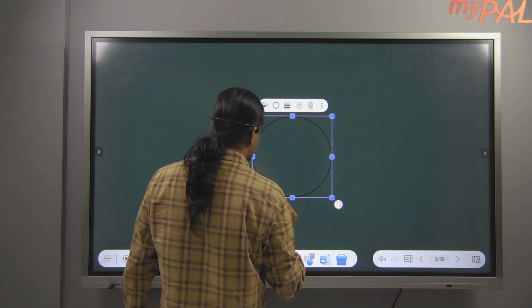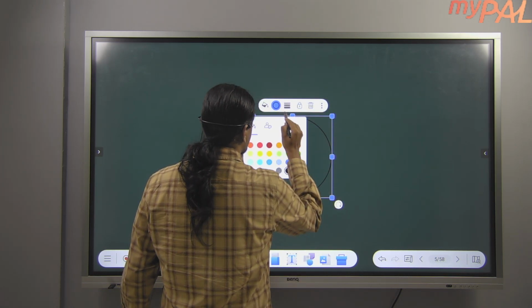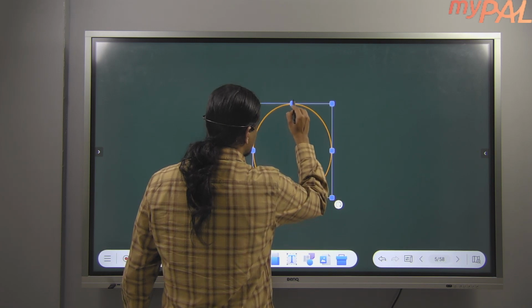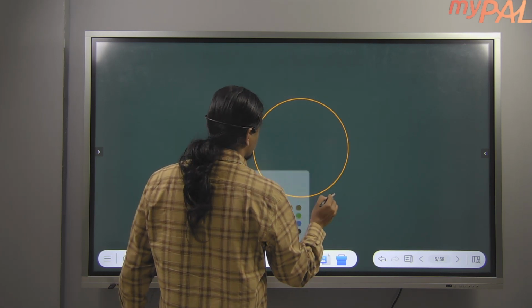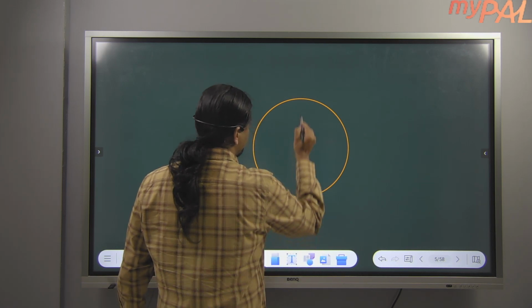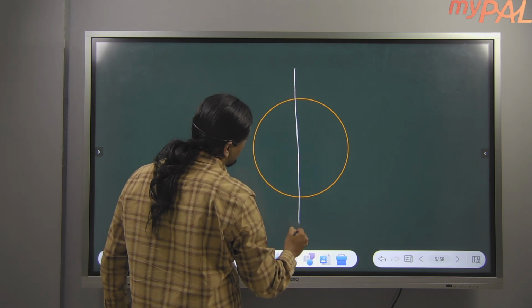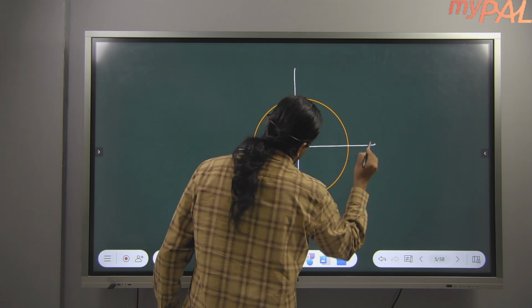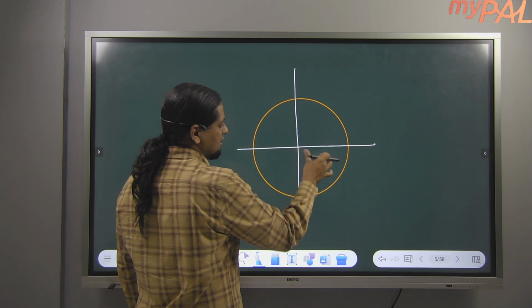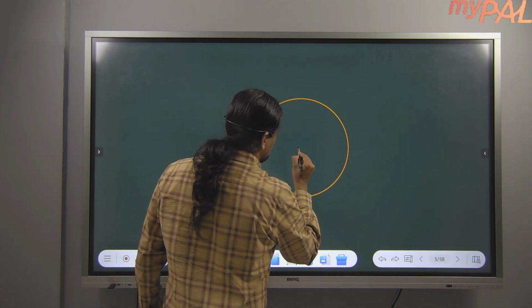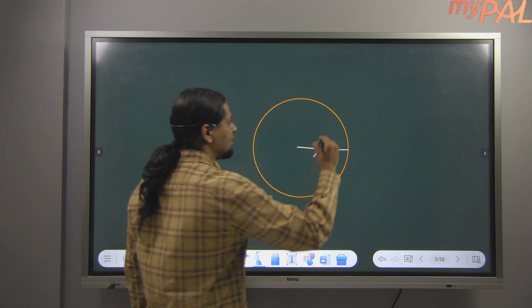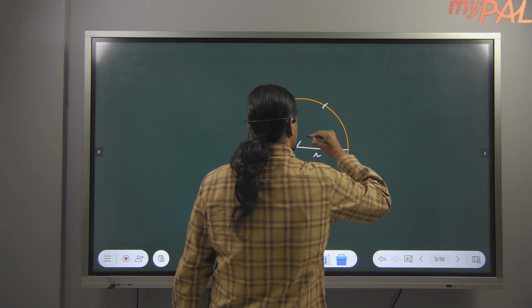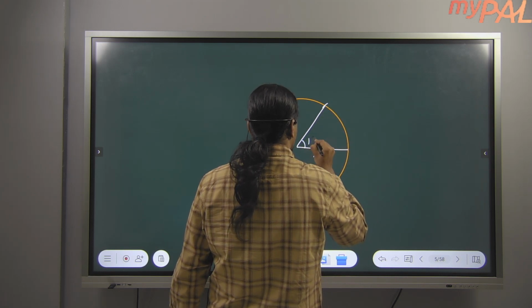In this circle, I will mark how much 1 radian is going to be. If I have to mark 1 radian, I will follow the definition of a radian. What is the definition of a radian? If I have a radius of r, I will cut an arc of length r, then the angle formed at the center is going to be 1 radian.